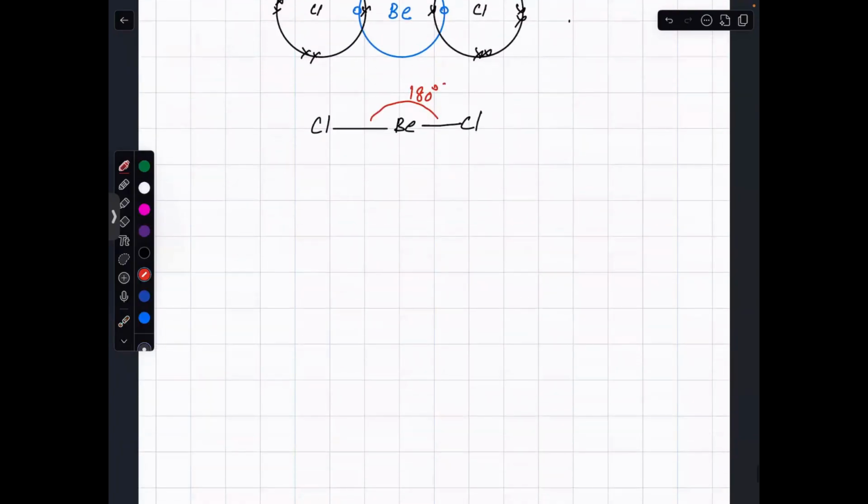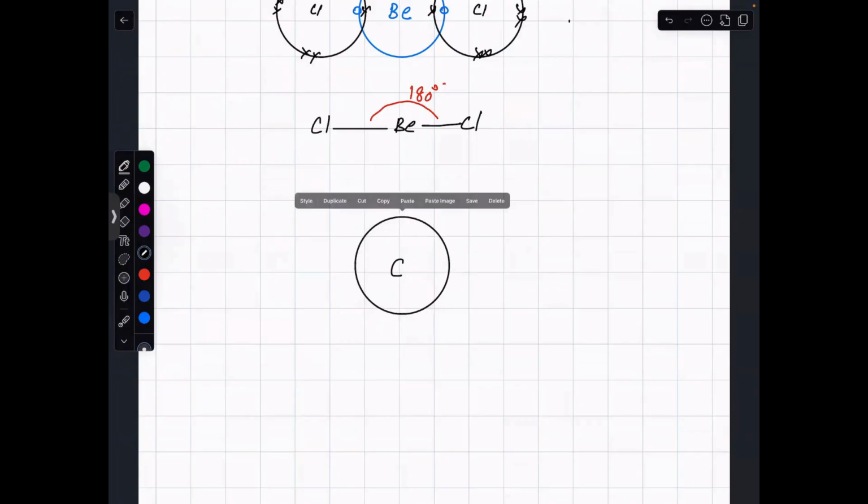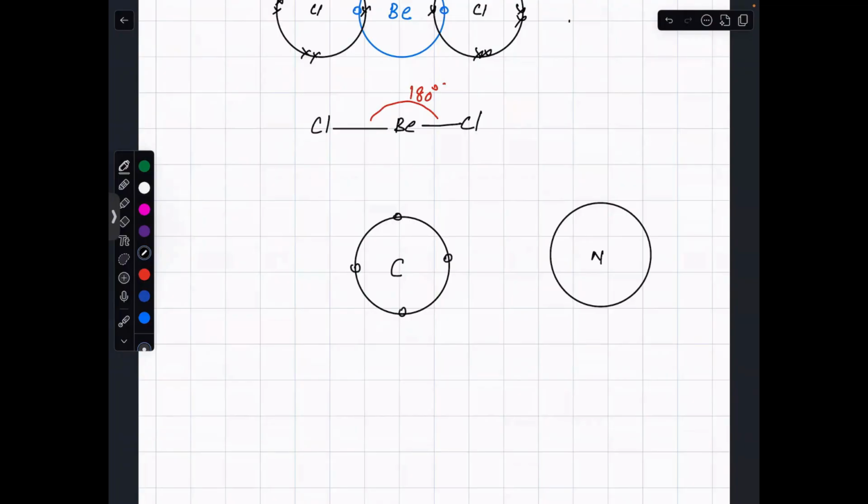Another example. See, there is this HCN. Carbon, element of group 4. This is nitrogen, group 5, this is group 4. See? 4 bonds. Group 5, how many bonds? 3 bonds to complete.